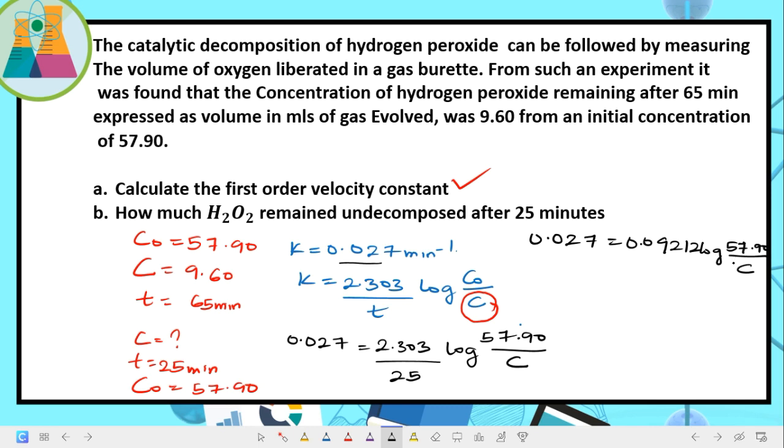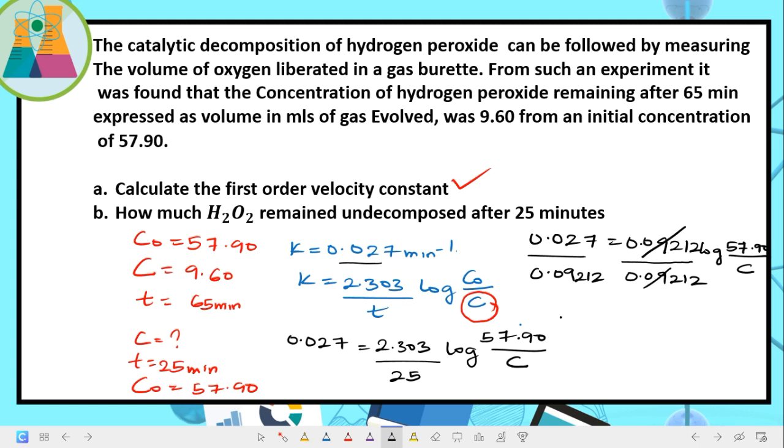Now we are looking for a way to make c the subject of the formula, so we can divide both sides by what? This, to cancel out this from here. 0.09212 divided by 0.09212.